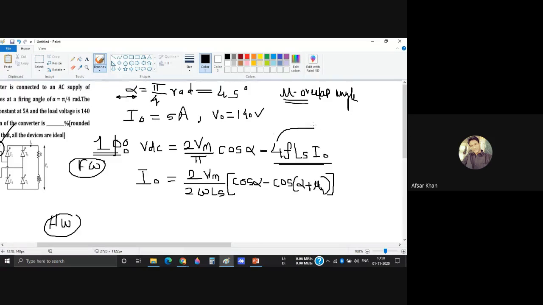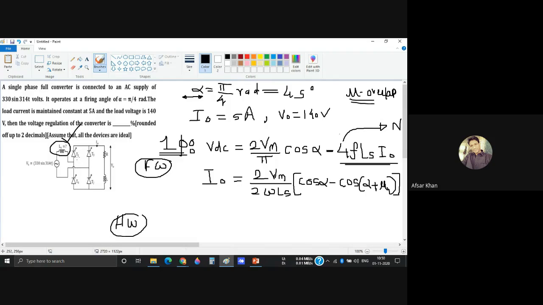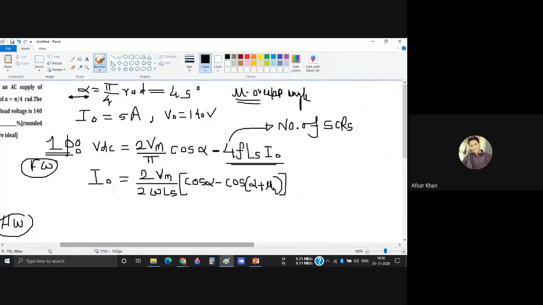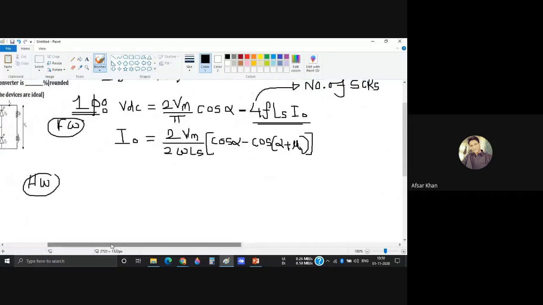This 4 is nothing but the number of SCRs. In this full bridge rectifier, how many SCRs are there? These are 4 SCRs. Now, in a half wave rectifier, how many SCRs are there?